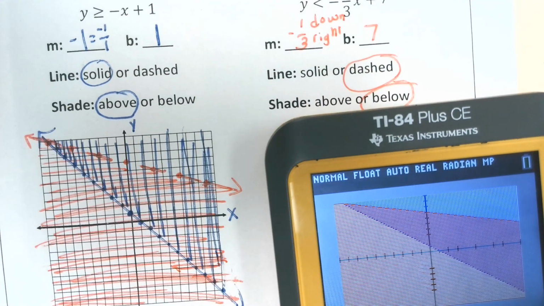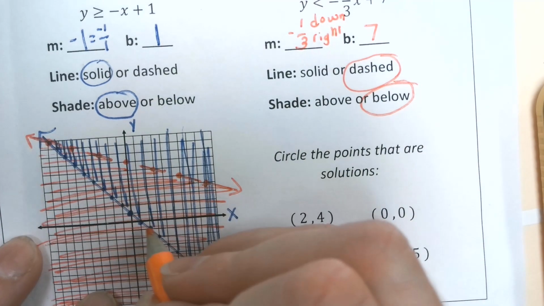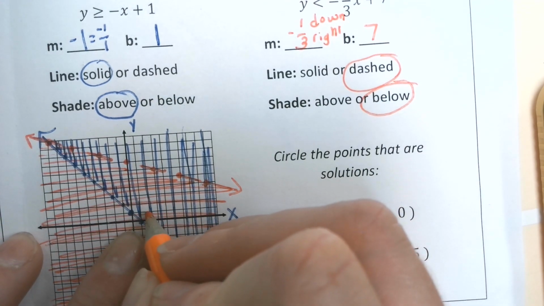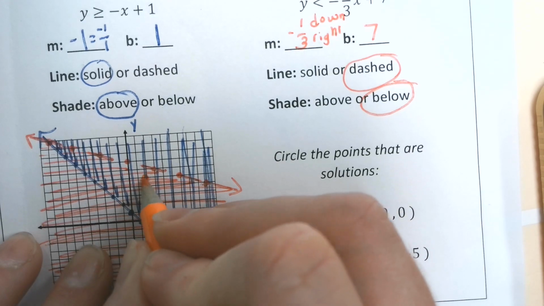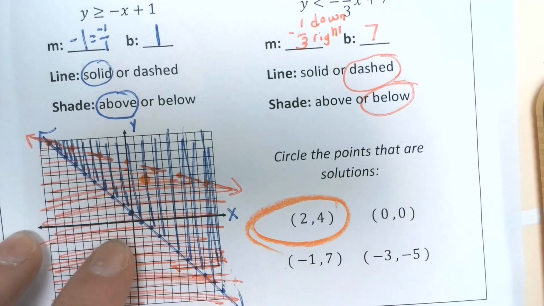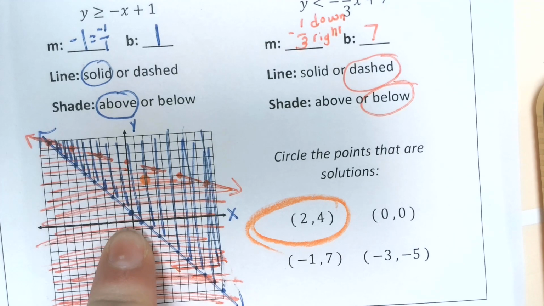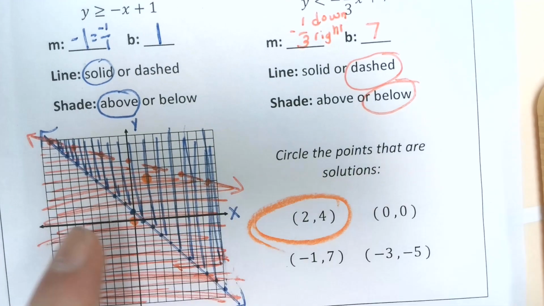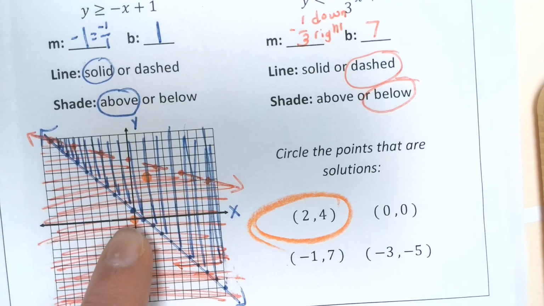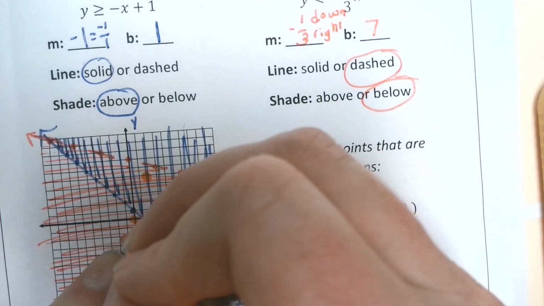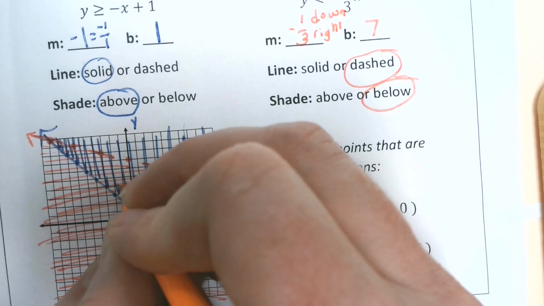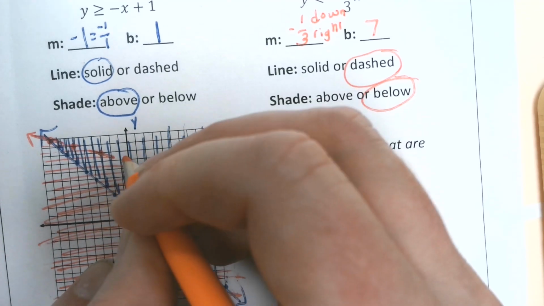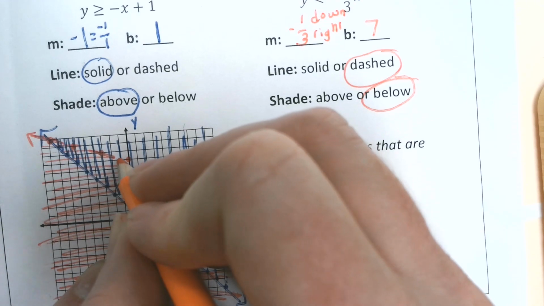Okay, so we just need to find which points are part of the solution. So 2, 4, 1, 2, 3, 4. That's good. Okay, 2, 4 works. 0, 0 doesn't, though, because that's right here. It's right outside the blue one. Okay, negative 1, 7. Negative 1 up 1, 2, 3, 4, 5, 6, 7.